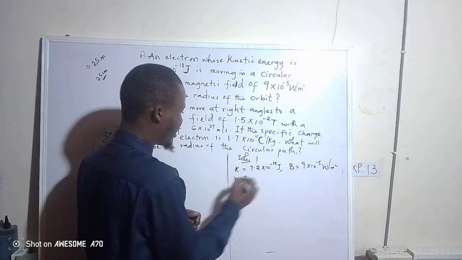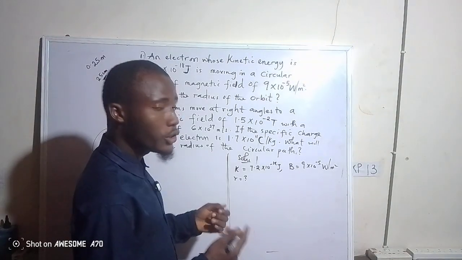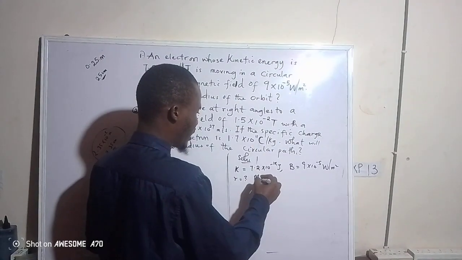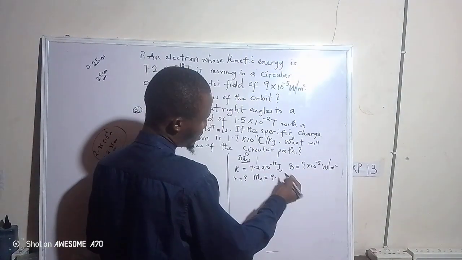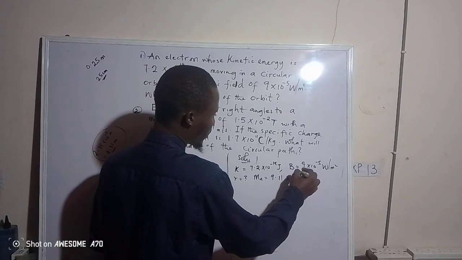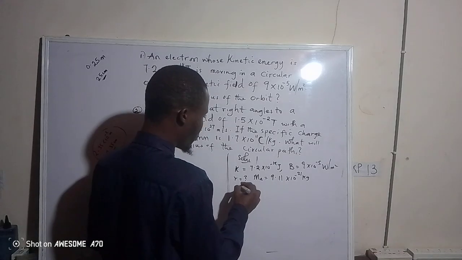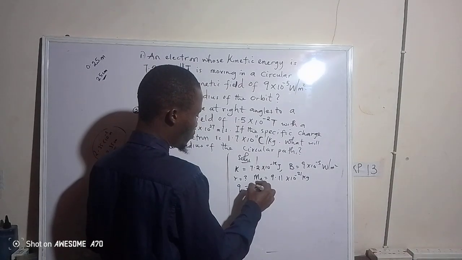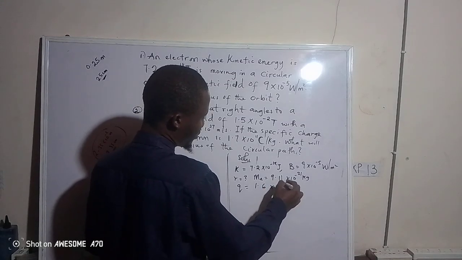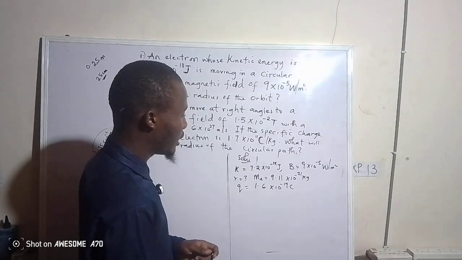Other parameters are needed here: the mass of an electron, that's M sub E, approximately 9.11 times 10 to the power of minus 31 kilogram, while the charge of an electron Q is 1.6 times 10 to the power of minus 19 coulomb. That's the charge of an electron.